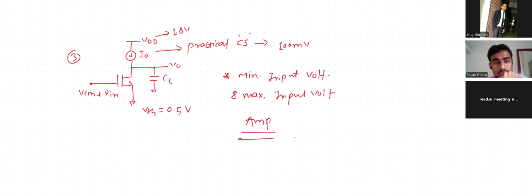You cannot apply any voltage at the input on the maximum side, or on the minimum side, if you want your transistor to be in saturation, in the amplifying region. So what is that range that I want? Input common mode range: the minimum and maximum value of the voltage so that you can use this transistor in your amplifying region.